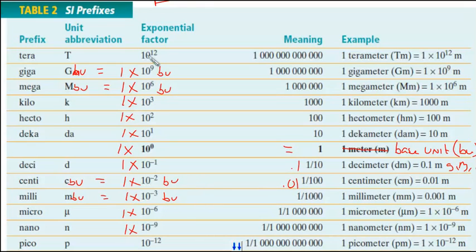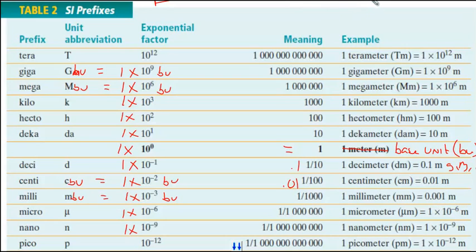So what you have here are conversion factors. You have equalities. Let's take the milli prefix. What we're saying is that 1 times 10 to the negative 3 meters equals 1 millimeter.